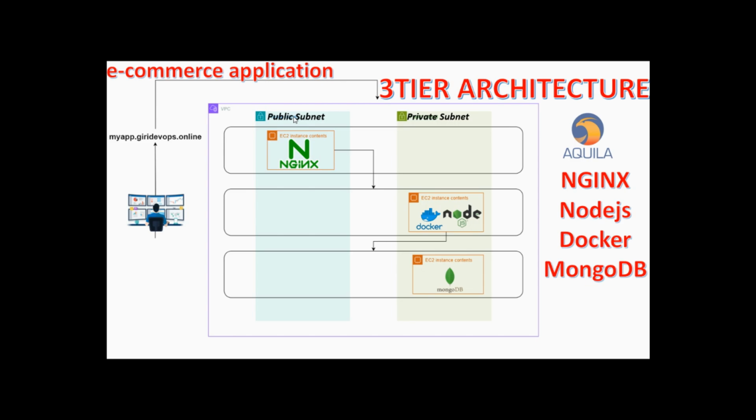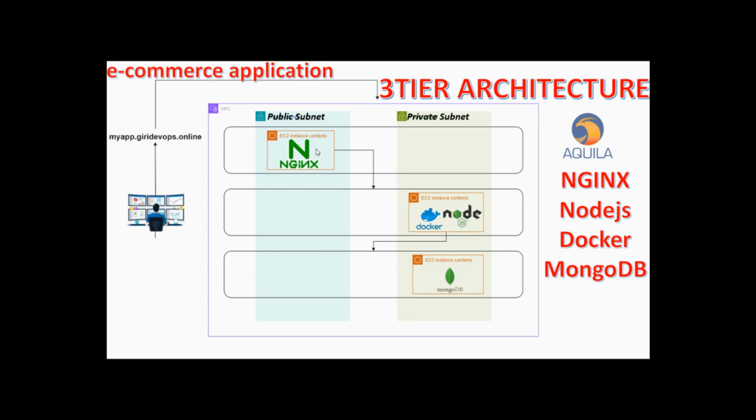If we check here, there is a public subnet as well as a private subnet. The request will always go to the public subnet. Why? Because myapp.gitdevops.online I have mapped to this Nginx server, that is the web server's public IP.